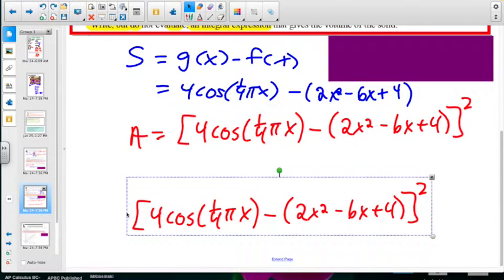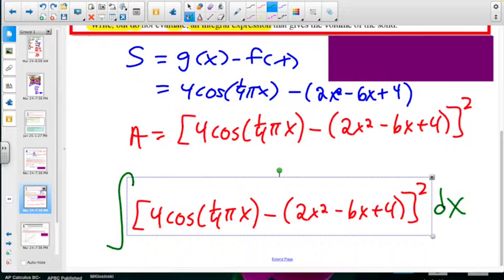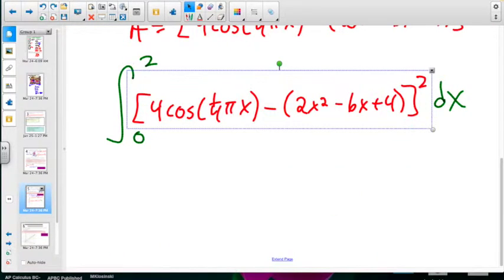So I can kind of cheat here. There's the area. So I can just go ahead and stick my integral function here and my dx there. And where am I starting? 0 to 2. There you go.